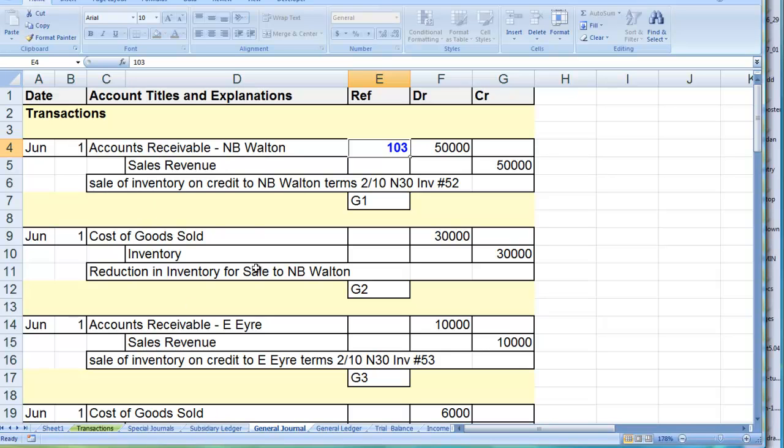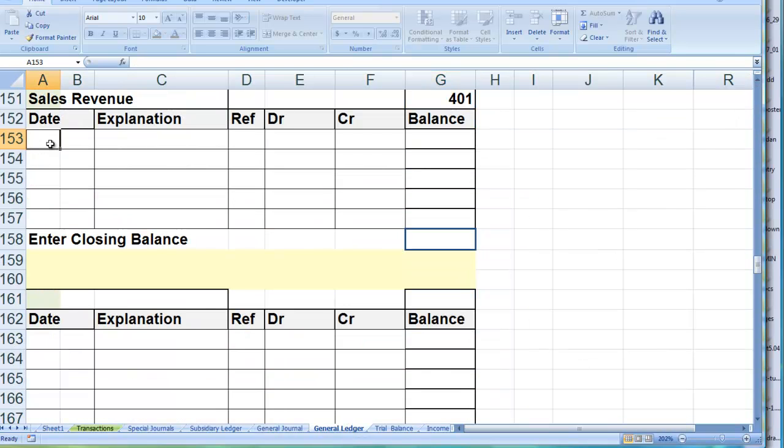Now I've got sales revenue, and sales revenue explanation, but now this is June 1, sale NB Walton credit 50,000, balance 50,000.